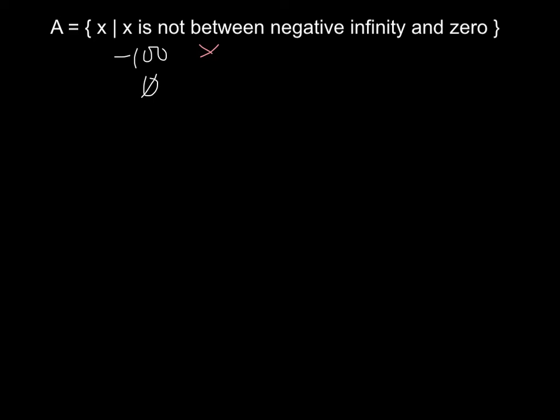So if I say it's between 0 and 1, that's greater than 0 and less than 1. That doesn't include 0 and 1. So if I say x is not between negative infinity and 0, 0 is not between those two things because it is one end of it.